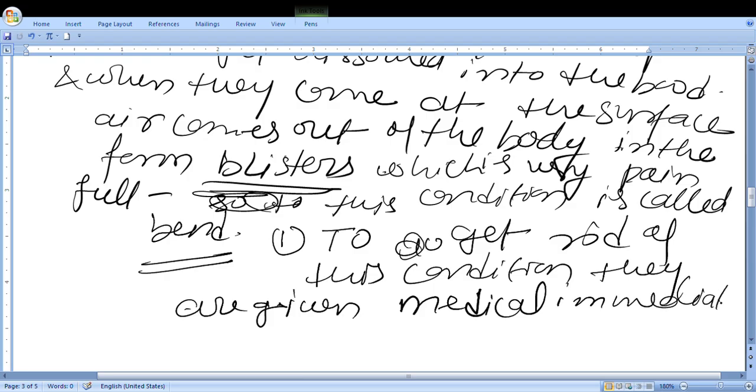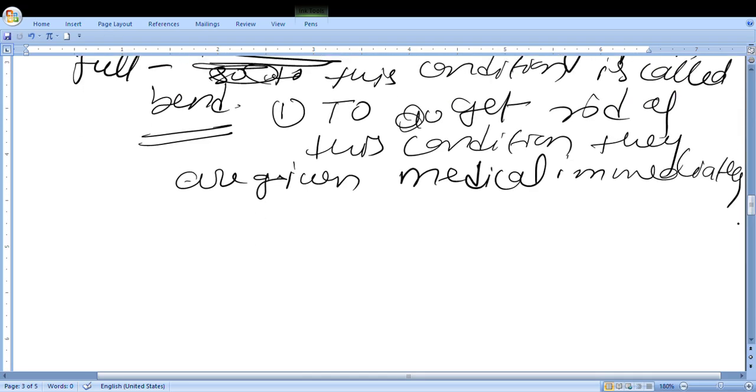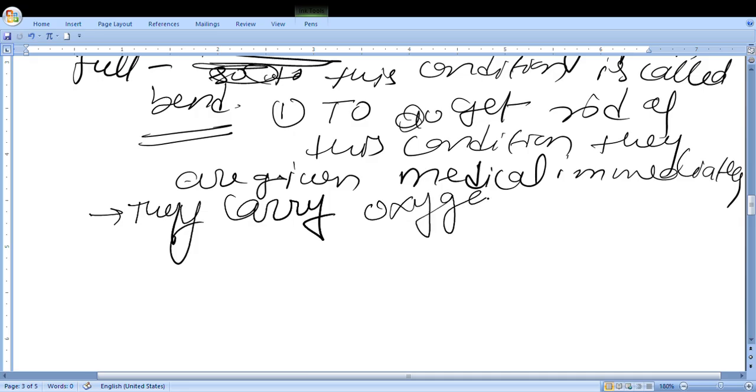And a very important note to remember is that they carry an oxygen cylinder during diving.